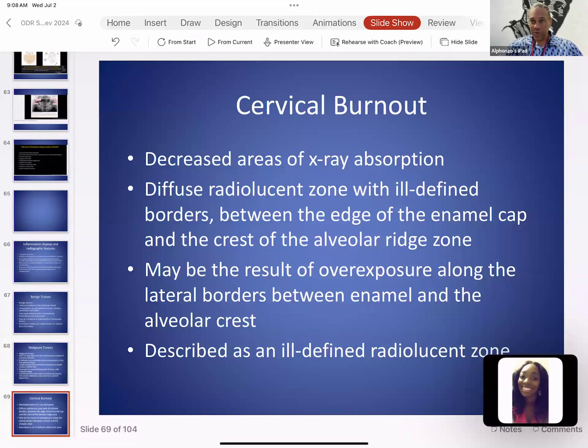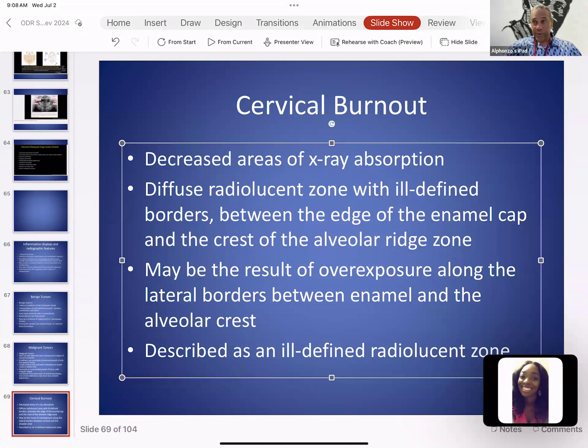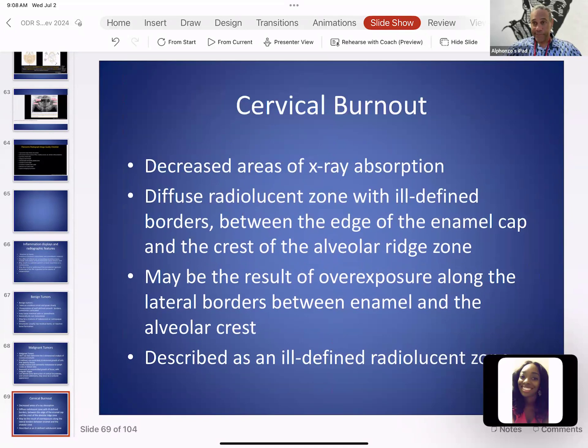If you see something like that at the CEJ on a tooth, rather than saying that's a cavity, of course, you should always take your explorer and go in the area and check it. And usually you'll find that there's no cavity there. So make sure you understand what cervical burnout is, okay?